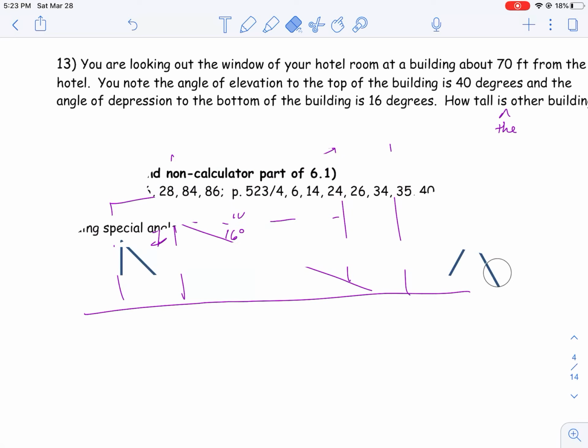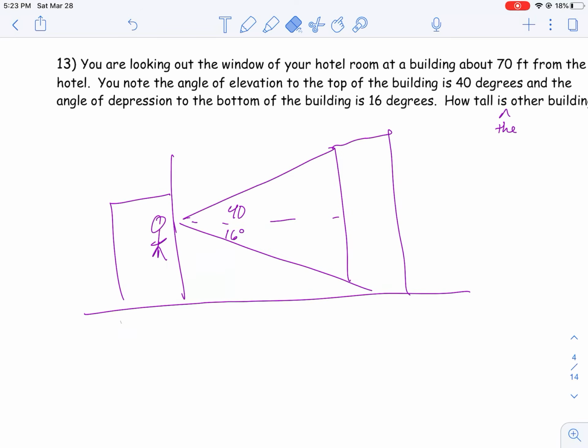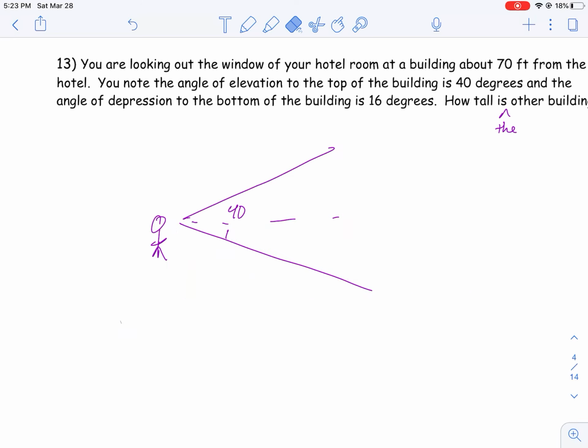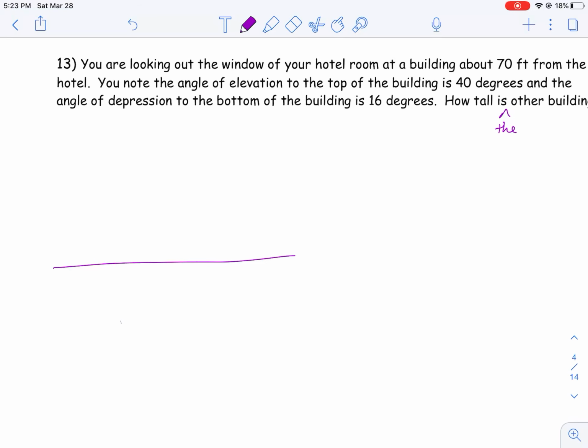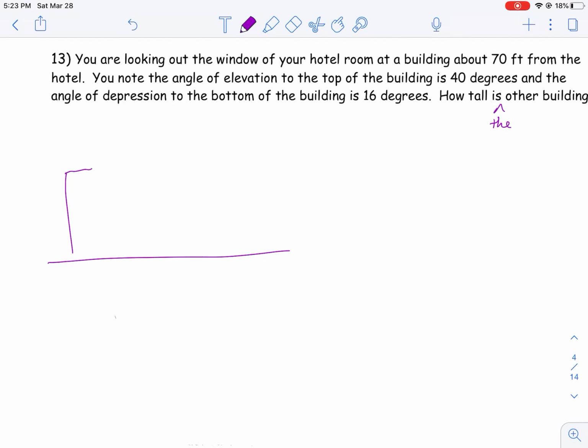All right, so that's not a very good picture, so I'm going to draw it again. So I've got two buildings, one here, and I'm in this building.